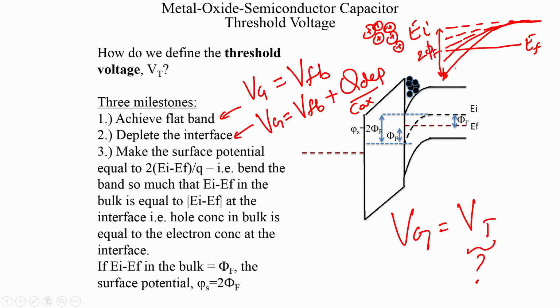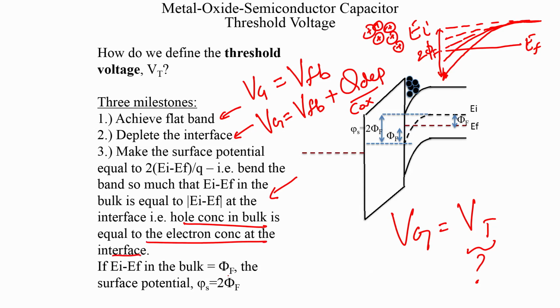So, the third milestone is to make Ei minus EF at the interface have the same magnitude as Ei minus EF in the bulk, or in other words, make the electron concentration at the interface match the hole concentration in the bulk.